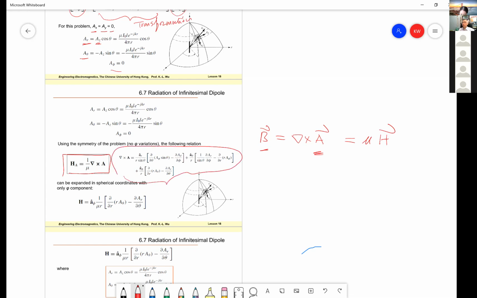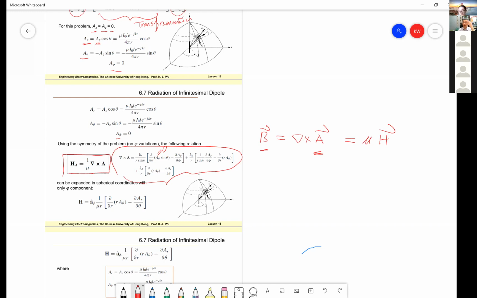So this basically you don't need to remember, okay? Now what we can say is we don't have an A phi component, so A phi component equals 0, right?